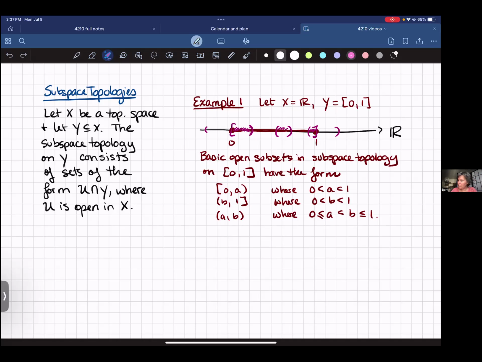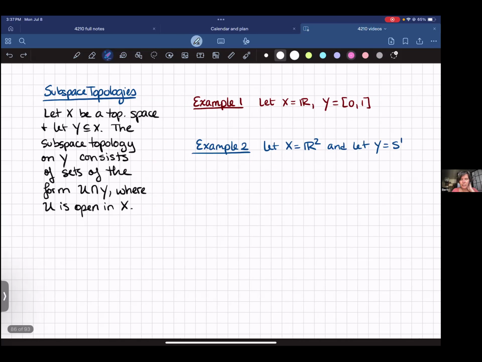So the basic open subsets on Y look like open intervals, or if they go all the way out to the edge of our new universe, then they would include that endpoint, either 0 or 1 at either end. Okay, so that is the basic open subsets in the subspace topology on [0, 1] as a subspace of the reals with the standard topology.